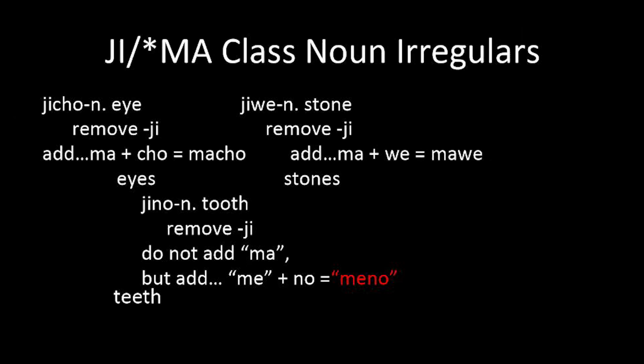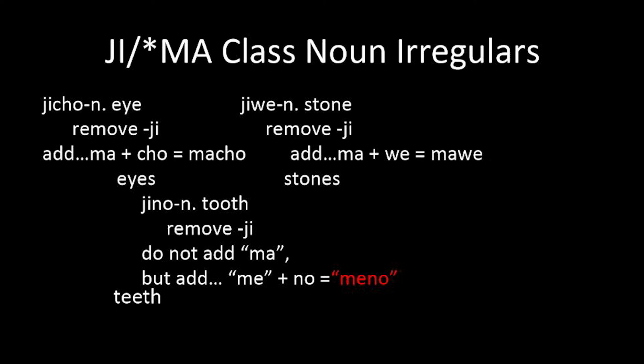But in this word, you remove the JI, and then you add MA. And then you put the MA with the CHO, and what is Jicho, one eye, becomes macho, more than one eye or two eyes. So you go from Jicho, eye, to macho, eyes.